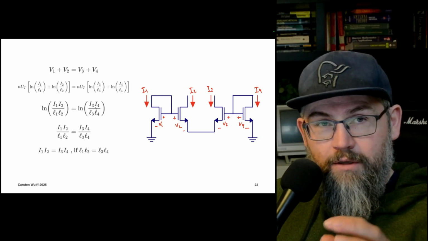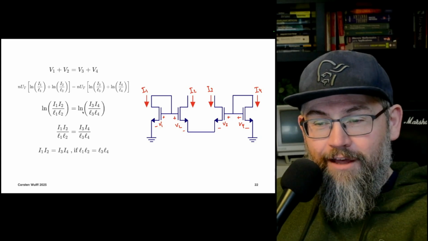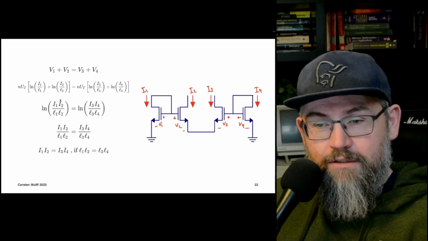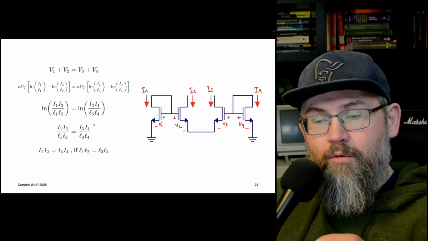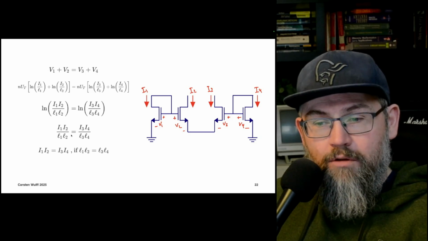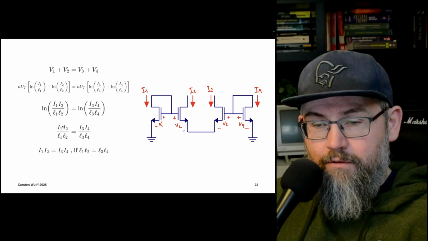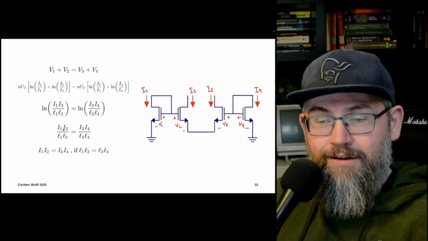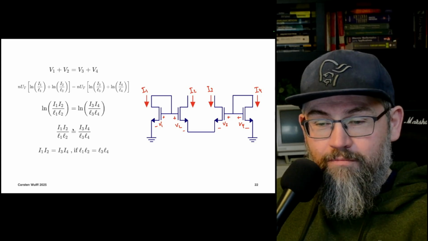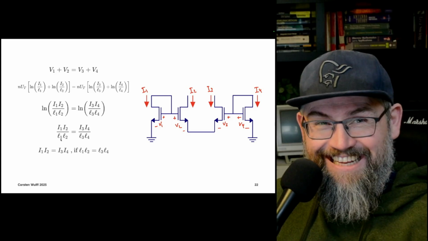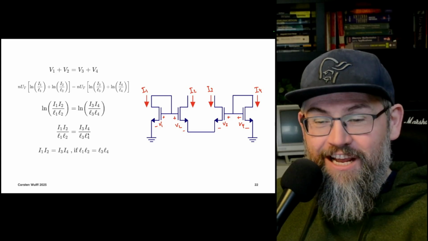And now the trick becomes that, well, if the logarithm of these two factors are equal, the factors must be equal. What's inside the parentheses must also be equal. That means I1 times I2 divided by L1 times L2 and so on, those must be equal.